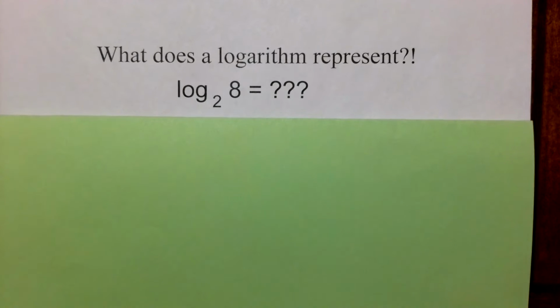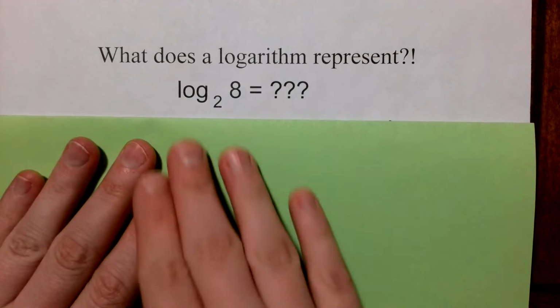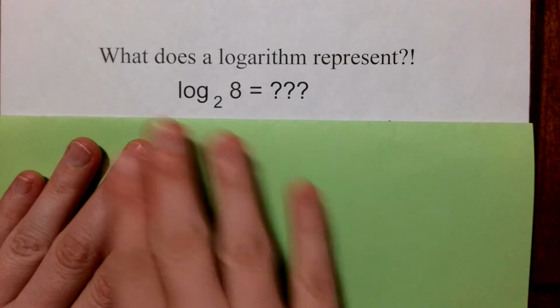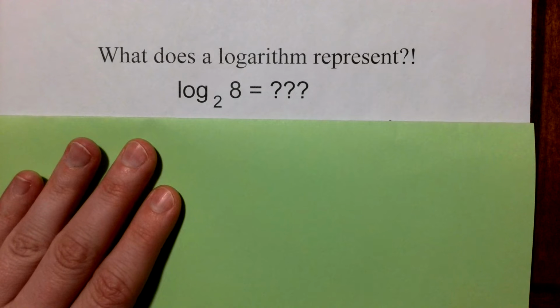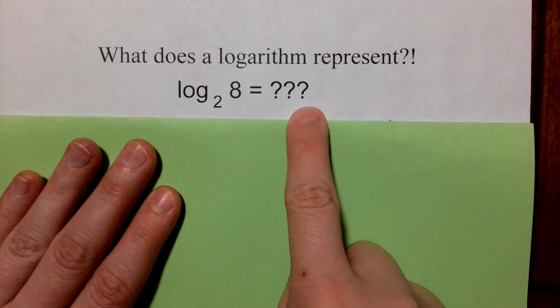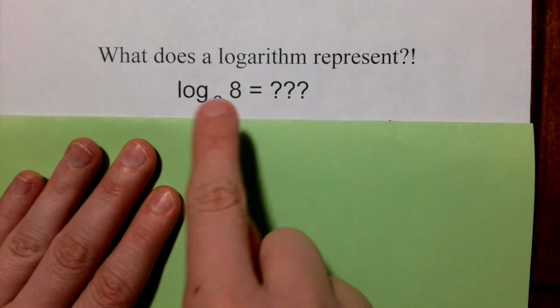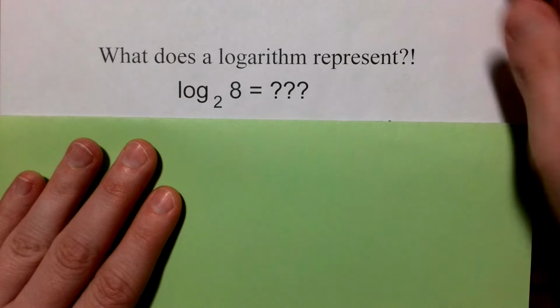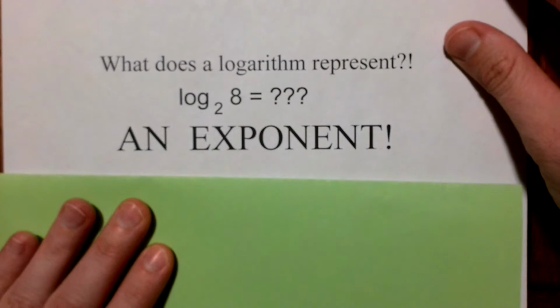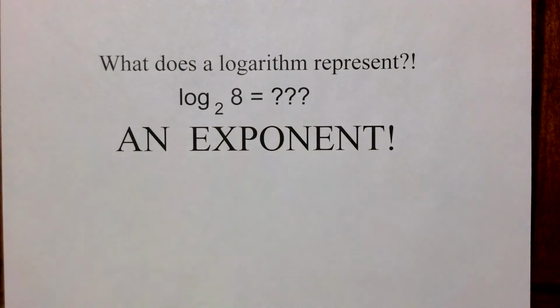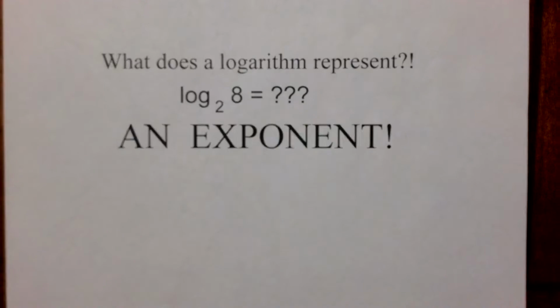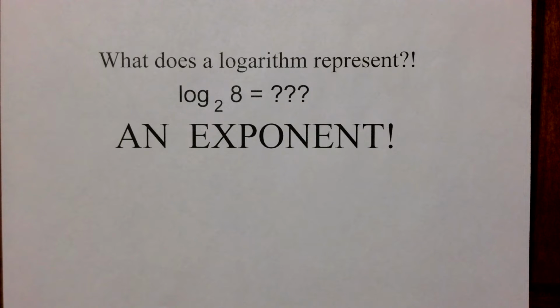The reason that we can do this, all of our expanding and condensing, comes from what a log is. Yesterday we had something simple like this, log base 2 of 8. If we are answering the question of what this log means, our answer is an exponent. It is asking us, 2 to what power is 8, and our answer is 3, and 3 is an exponent.